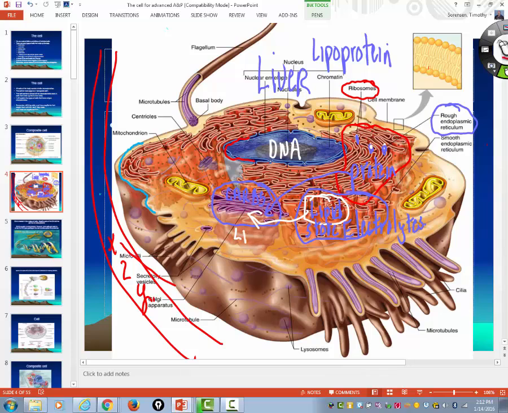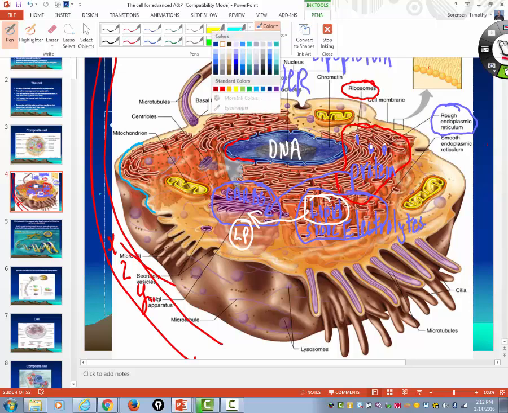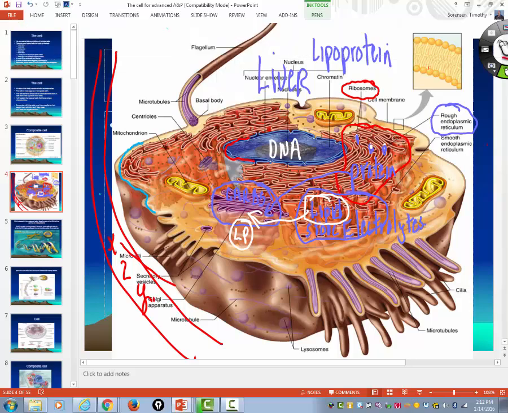I'll put LP. And then the Golgi apparatus takes part of its own membrane and wraps it around that lipoprotein. This membrane that wraps up the lipoprotein is called a secretory vesicle.